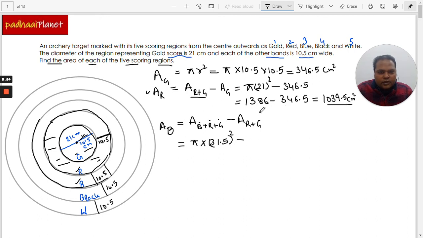AR plus G. Sorry, this is the value which is already there. So we will simply write AR plus G, and that's 1386.